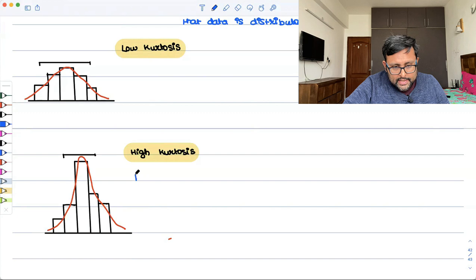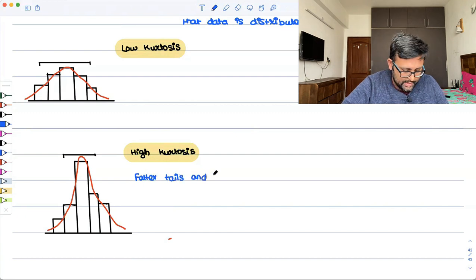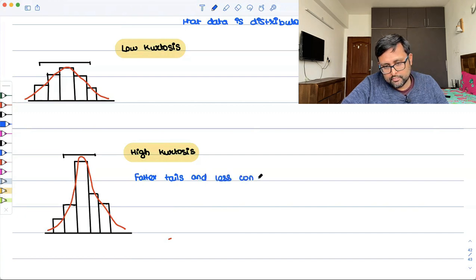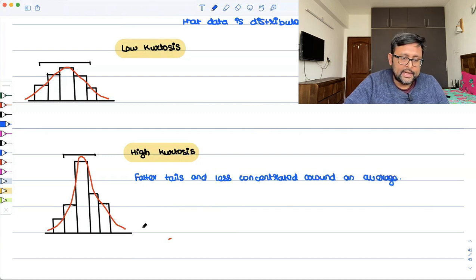So high kurtosis has fatter tails and is less concentrated around an average.